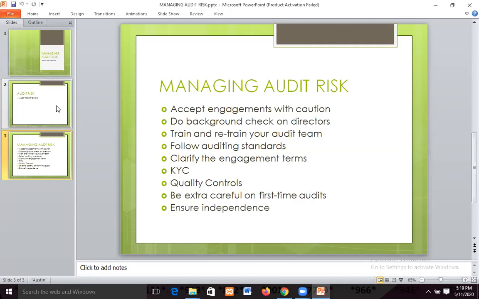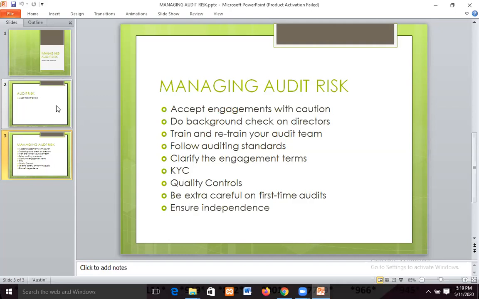Then, of course, you need to have internal quality control, as recommended by ISQC 1, International Standard on Quality Control 1. That is the standard for auditing firms when it comes to the checks and balances, the internal controls they are supposed to have in place in the organization.